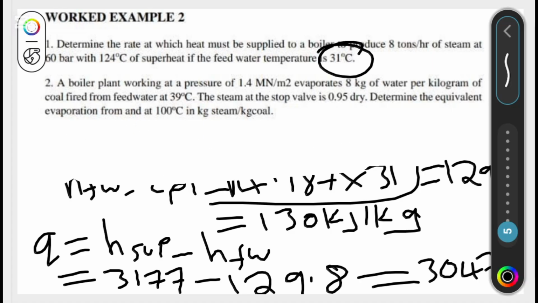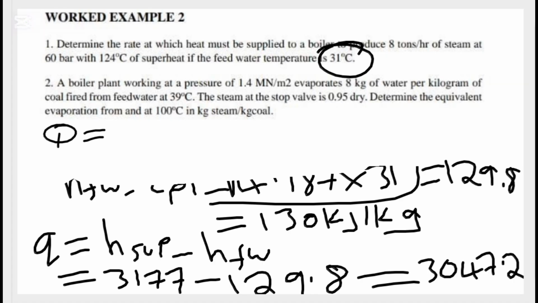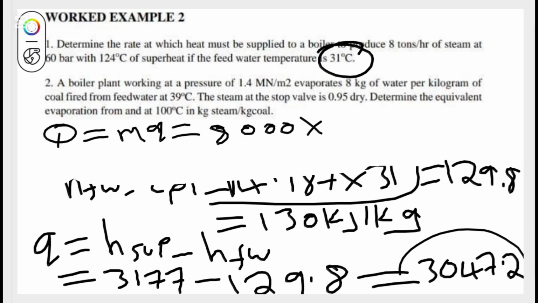At the end, I will now say the total heat supply, which is Q, is the same thing as M times q. What will be the value of M? My mass, which is 8 tons per hour, as I converted it before, becomes 8,000. So I have to multiply it by the q that I already found, which is 3047.2.